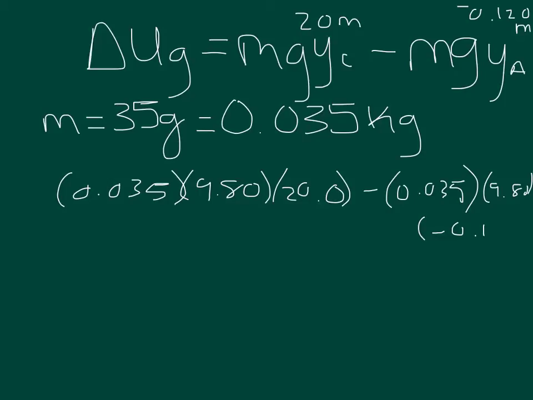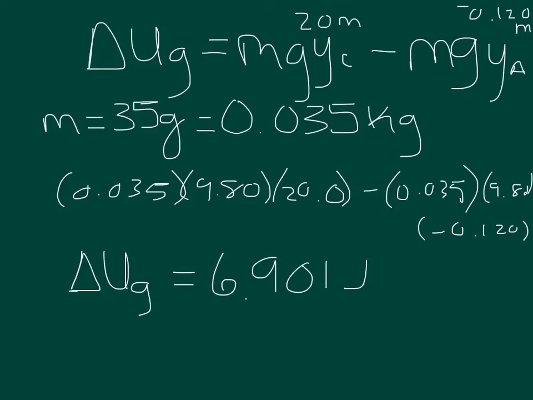Okay, so if we do this, we should get delta U_G to equal 6.901 joules. So we have our one piece here, our 6.901 joules.